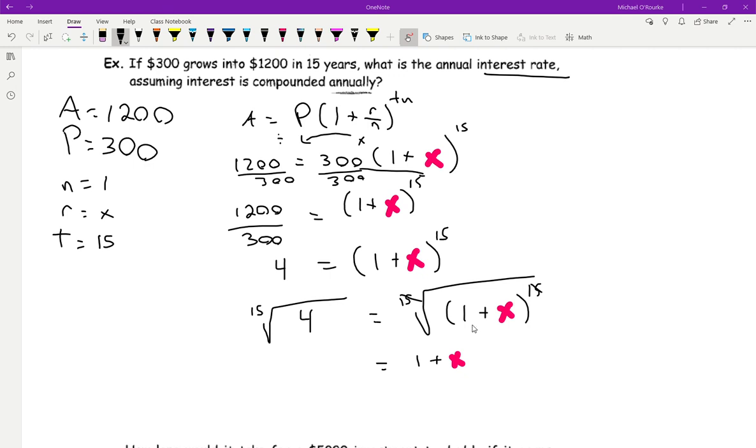If you're using a scientific calculator such as this, I would write 15, then press this button, and then put 4 inside of it, and you get the same answer. Has everyone been able to get to 1.097 on the calculator?